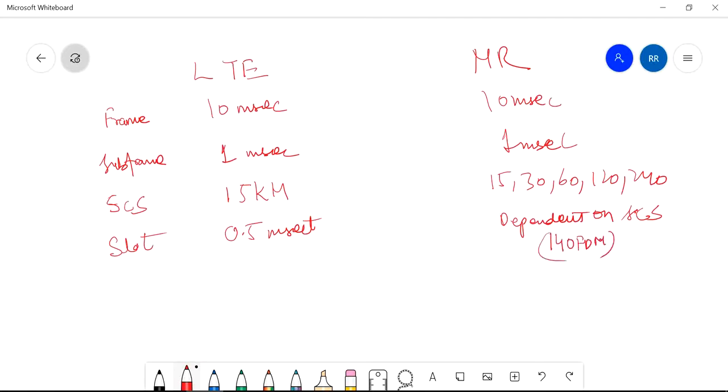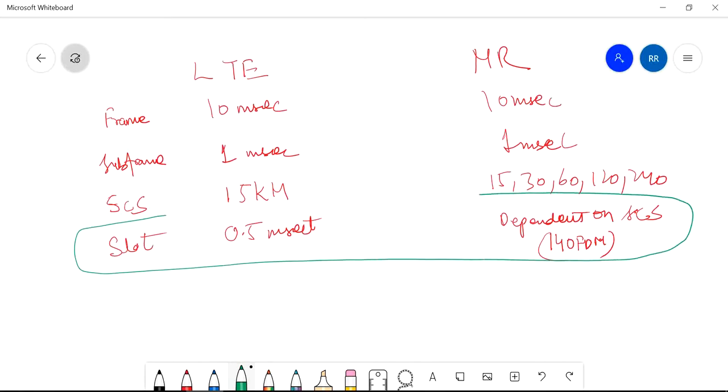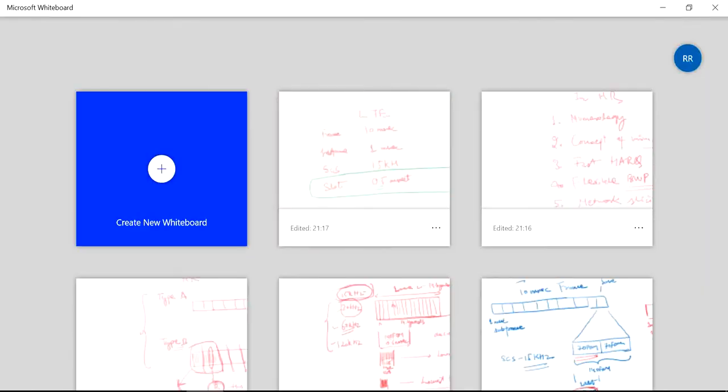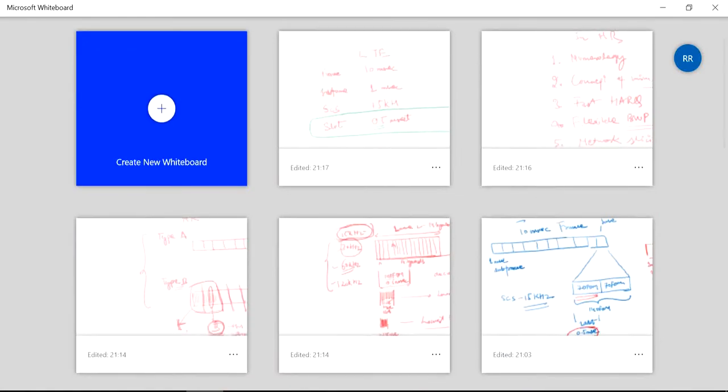That is fixed. So this is one difference here.